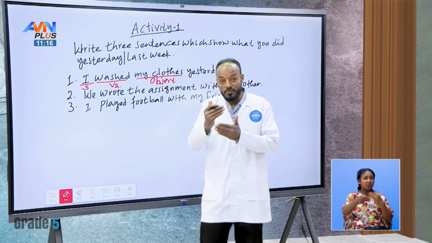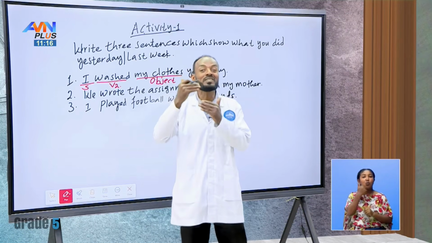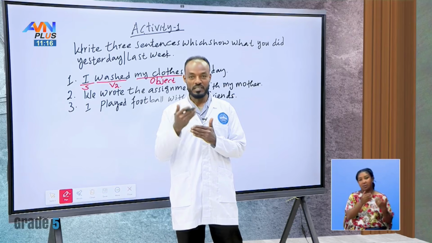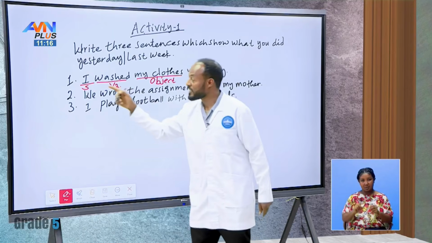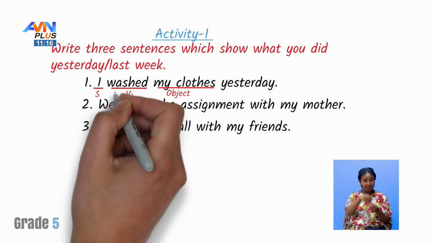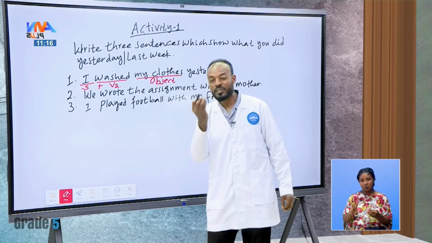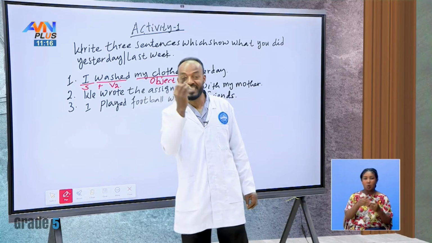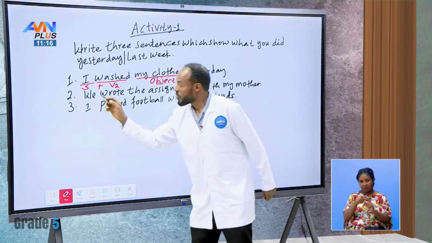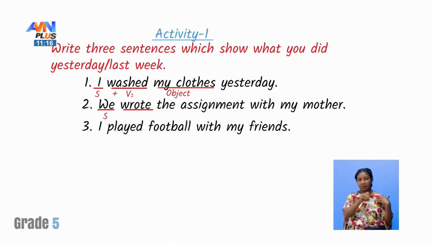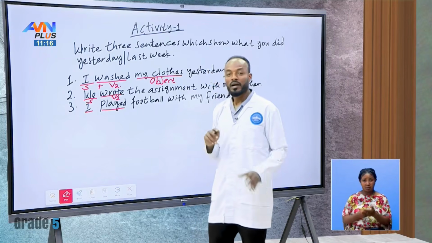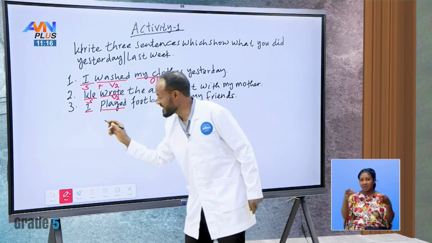The subject means the doer of the action. Who did the action? Okay? It can be you, your friend, or someone else. Nice. So here, subject plus verb 2 means the form of simple past in affirmative. Here is the subject also. Here is the verb 2. Is it clear? Good.